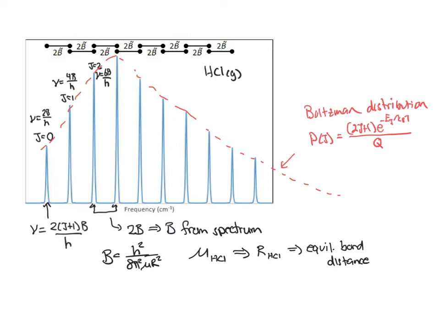And so because the degeneracy increases as J increases, but the exponential unnormalized probability of populating that level decreases, we end up with a J level, in this case J equals 3, that has a maximum population.